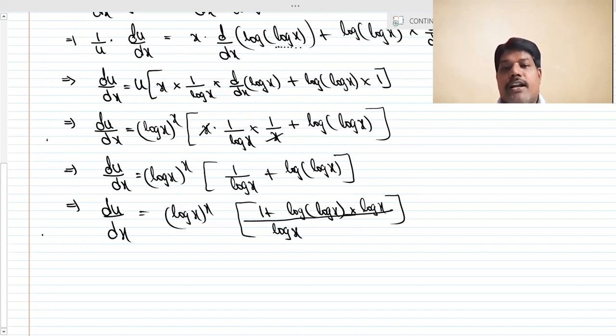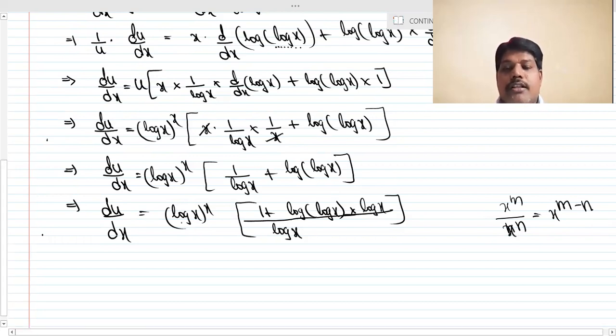So here you can understand that it is log x whole power x and it is log x whole power 1. So already you know that x power m by x power n can be written as x power m minus n. Yes or no? So in the numerator, log x whole power x, and in the denominator, log x whole power 1.